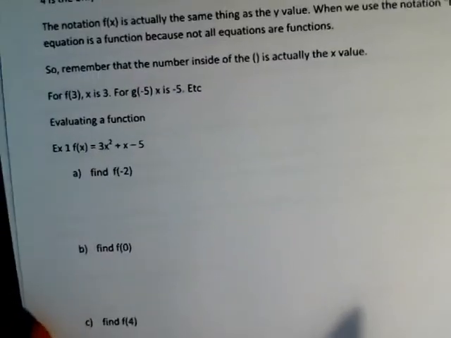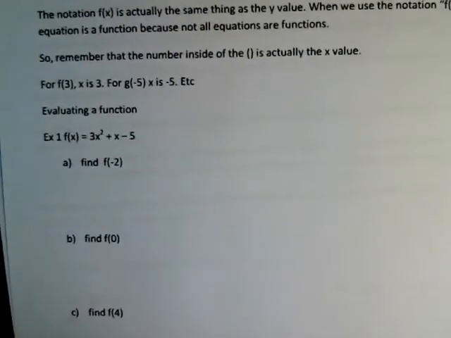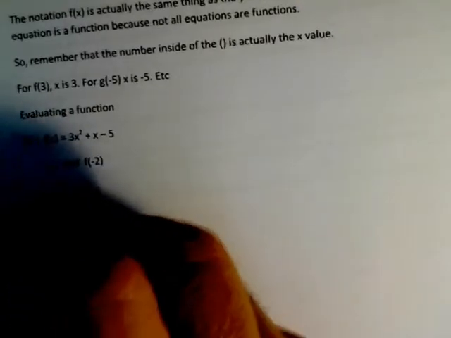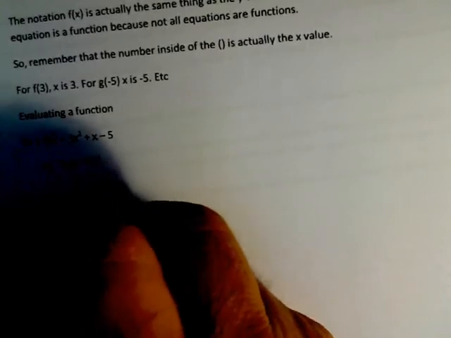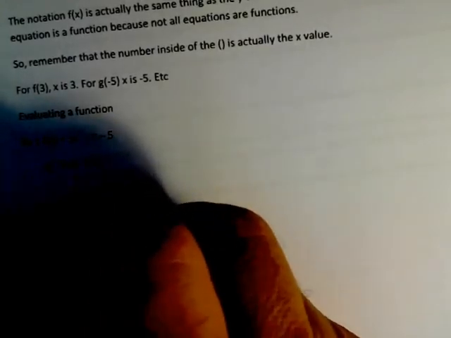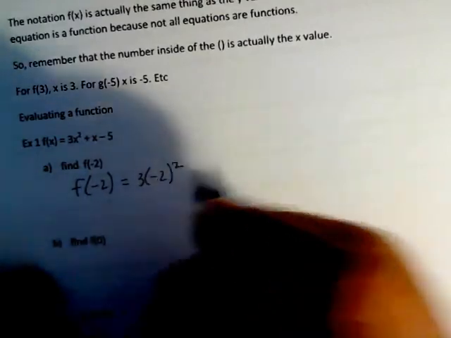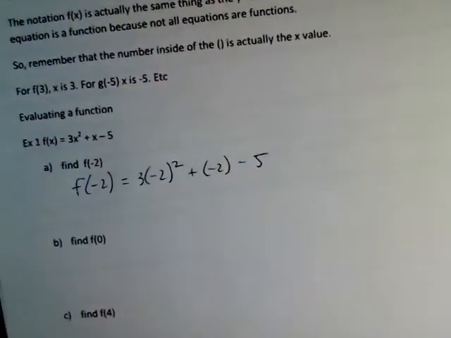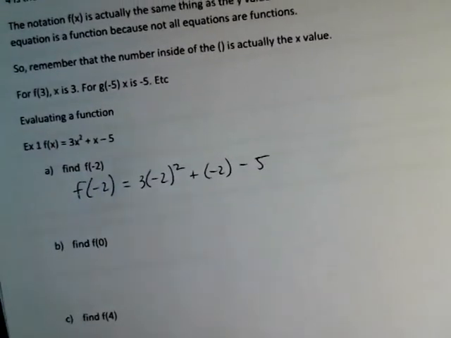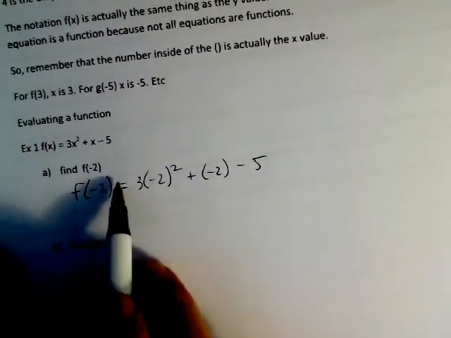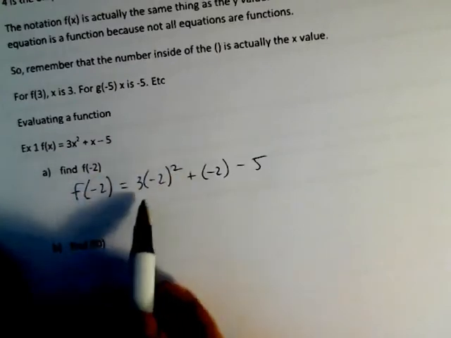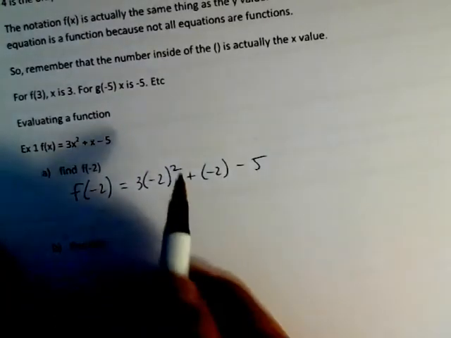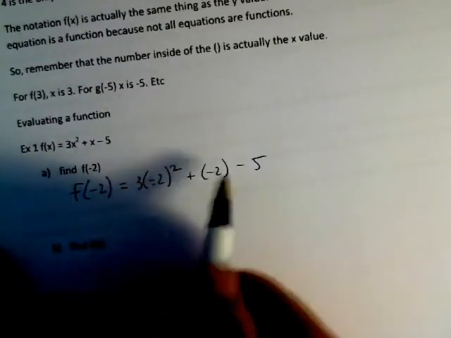So first we want to evaluate our functions. So what we do is, if we want to find f of negative 2, we substitute negative 2 in for all x's. Now, this is a good time for you to practice using your calculator, making sure that your square is on the outside of the parentheses. You can enter this in exactly as it appears here, keeping in mind that this is different than this.